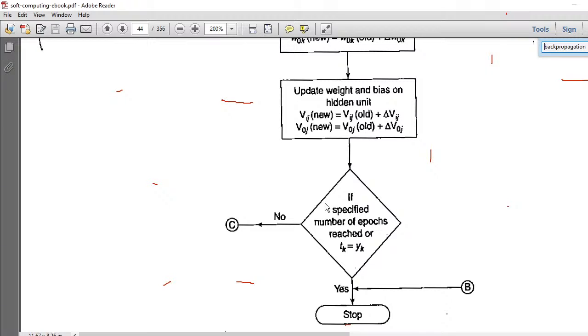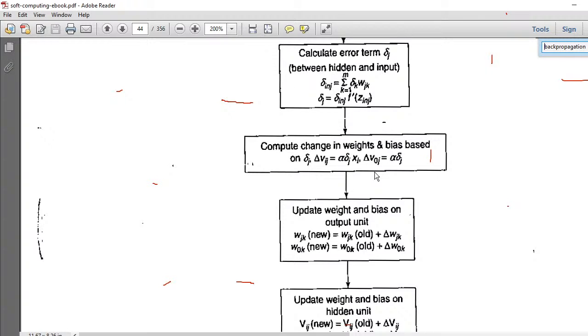Let me show you your C. So this document I have uploaded in Google Classroom. You can refer to that particular thing later.